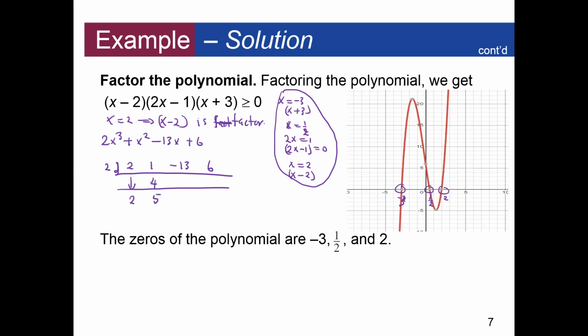Then 5 times 2 is 10. Negative 13 plus 10 is negative 3. Negative 3 times 2 is negative 6. 6 plus negative 6 is 0. So the factors will be x minus 2 times 2x squared plus 5x minus 3. That is the polynomial.